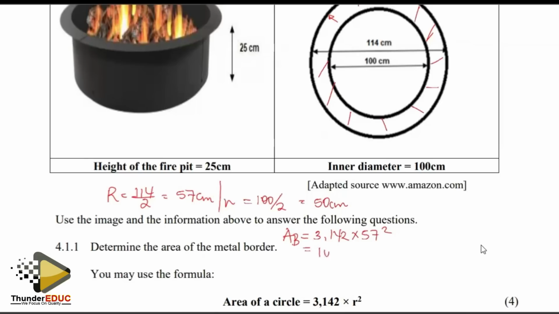We have 10,208.36 centimeters squared. Put it aside. Then look for the area of the smaller circle also, which is pi times 50 squared. Remember, pi is the same as 3.142.